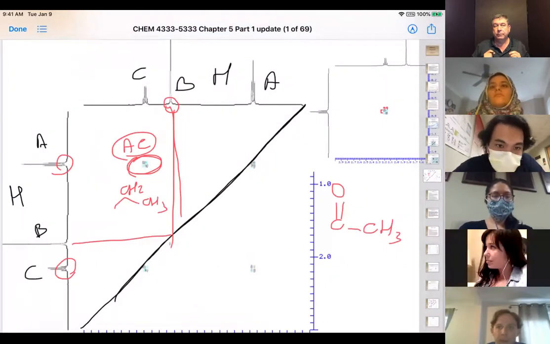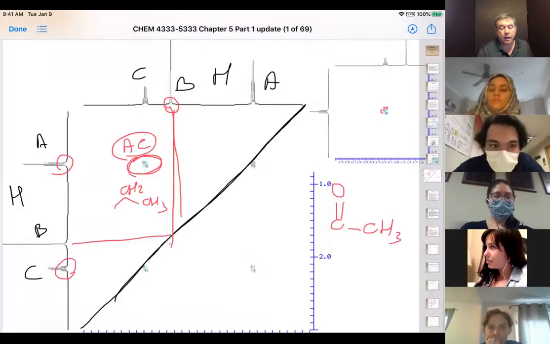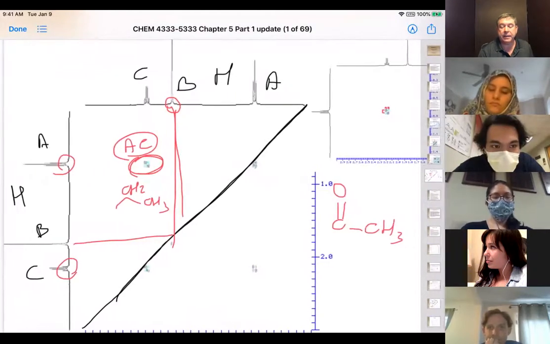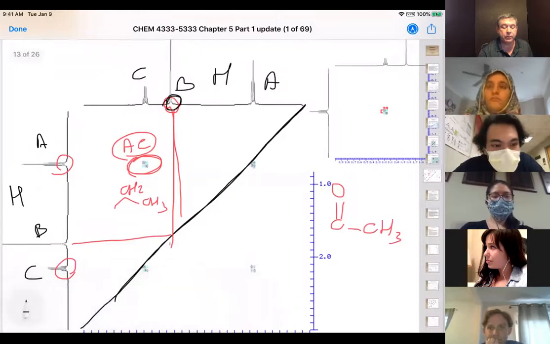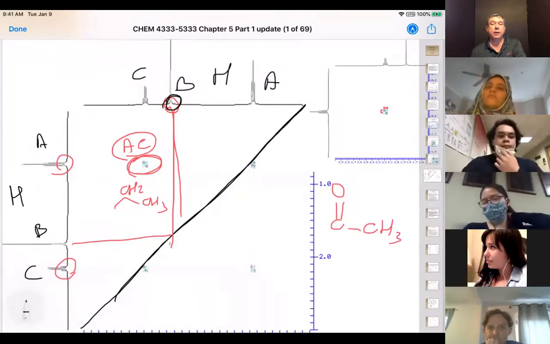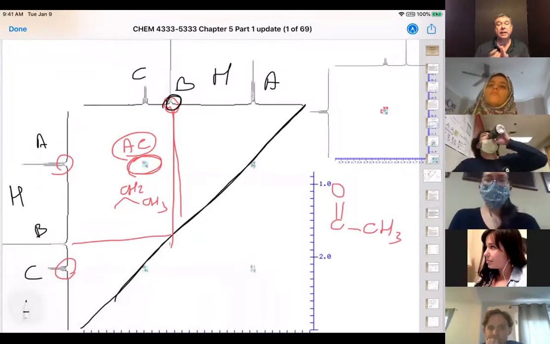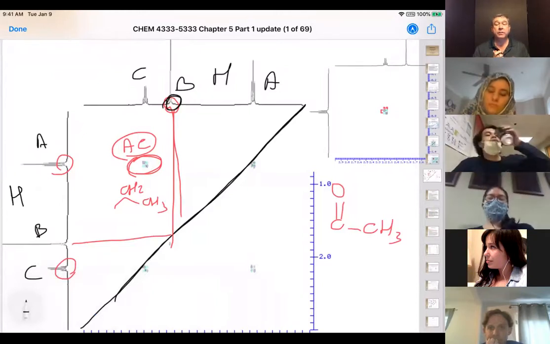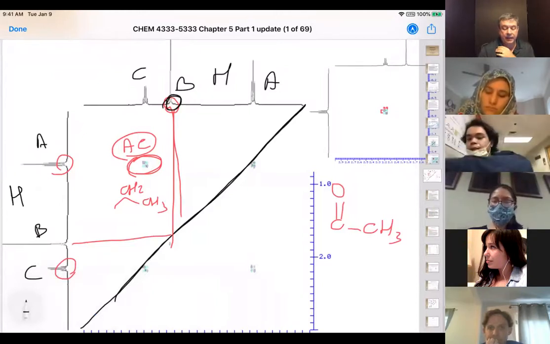When you assigned peak B and said that based on the shift it was likely a carbonyl, what shift are you referring to? When I assigned B, I said it was a methyl group because it was isolated. It's isolated because it's not split and it's not correlated to any other protons in our system.